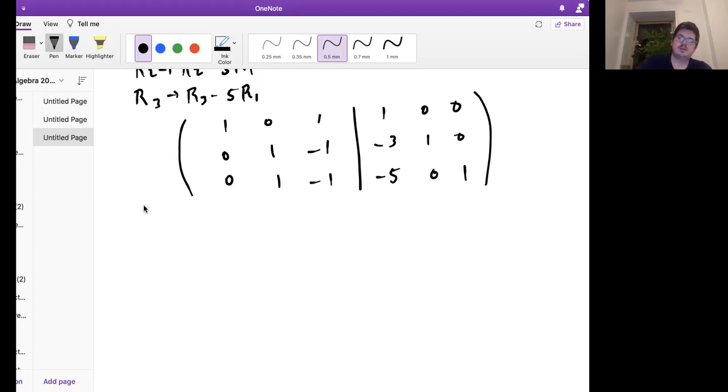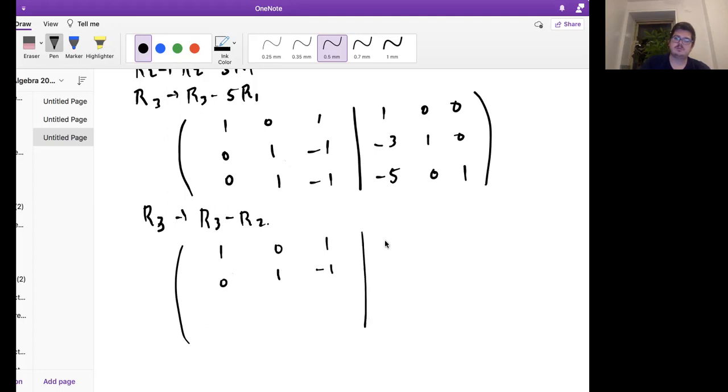Row 3. Well, I don't need to negate row 3, but I can just do the normal operation, right? Row 3 minus row 2 is 5. Okay, so what do you get when you do row 3 minus row 2? Look at it again.